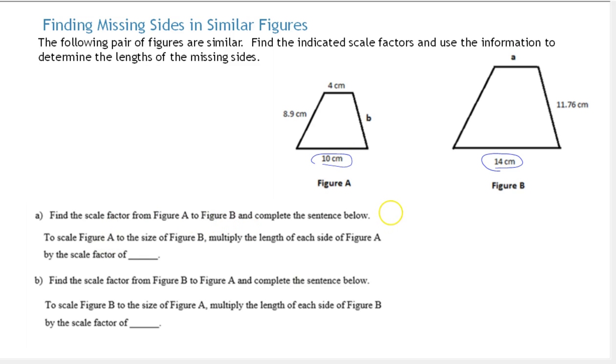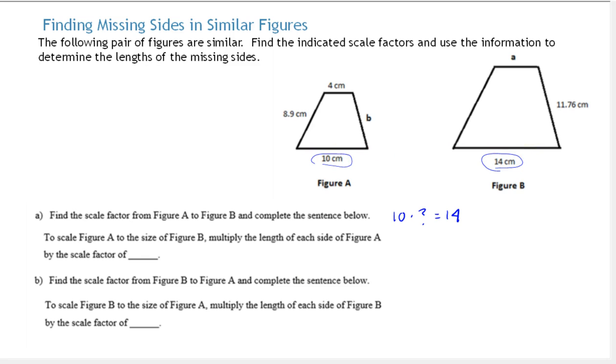So we have 10. We want to know what do we multiply 10 by to get 14. Okay. So think back to the broomsticks. If we had a length of 10 and 14, what would we multiply 10 by to get 14?